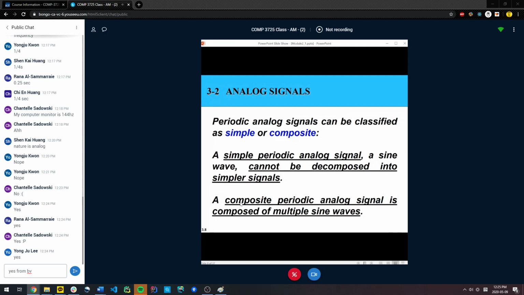If these tones sound pleasant to your ears, you call them music. True? Now, what if these tones coming to you do not sound pleasant to your ears? What do you call them? Noise, exactly.